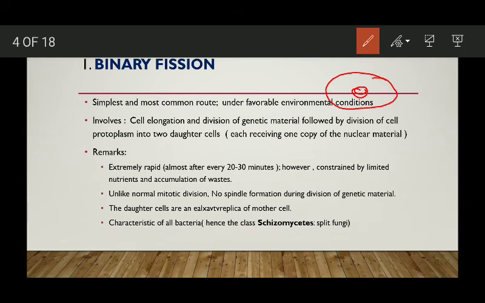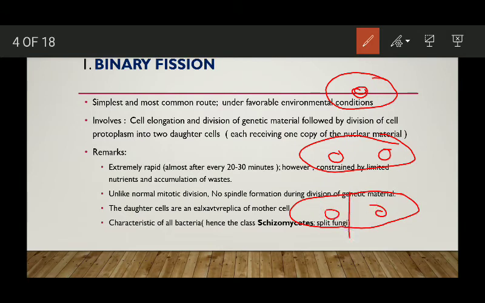This cell first of all elongates, it increases in size, its genetic material replicates and forms two copies. Then this cell divides by a septum, and each cell gets the protoplasm and the genetic material.